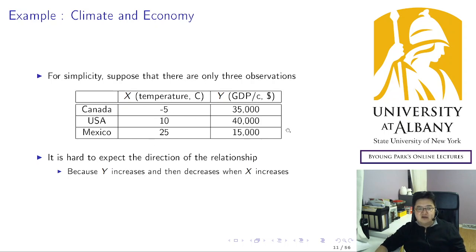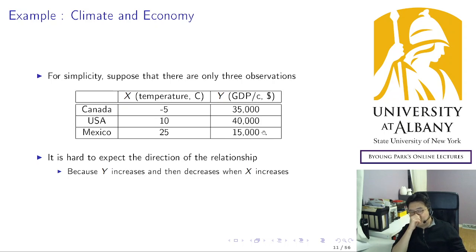I tried to make them realistic, but they are not exactly real. Suppose the average temperature in Canada is -5 degrees, US 10 degrees, Mexico 25 degrees, obviously warmer as you go down. And the GDP per capita in Canada is 35,000, US 40,000, Mexico 15,000.